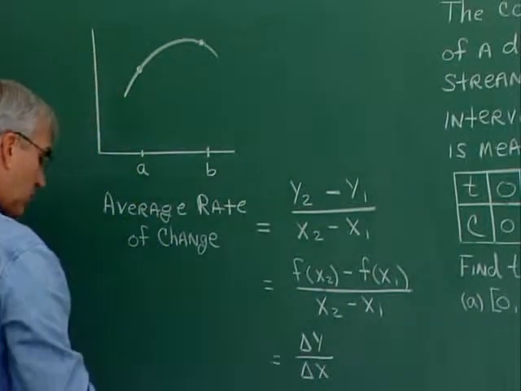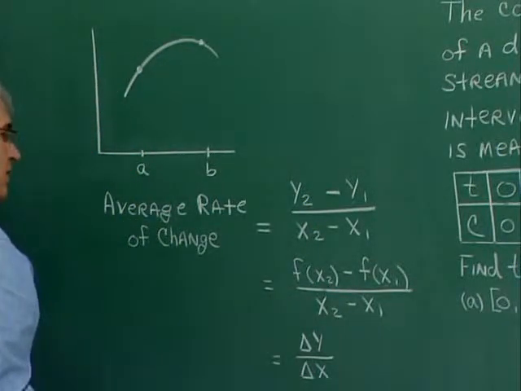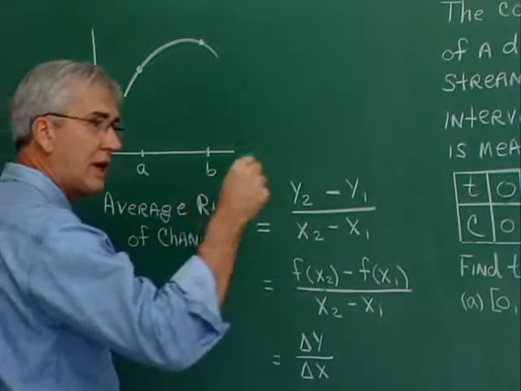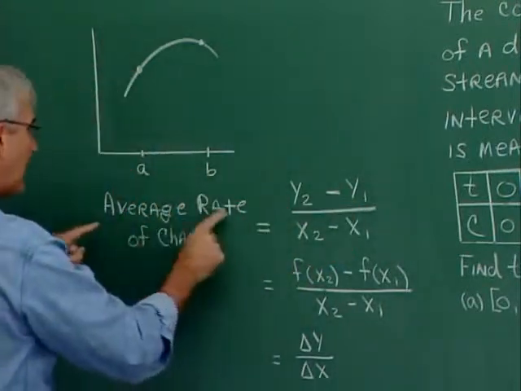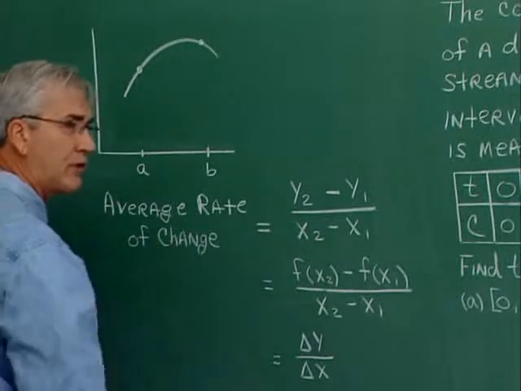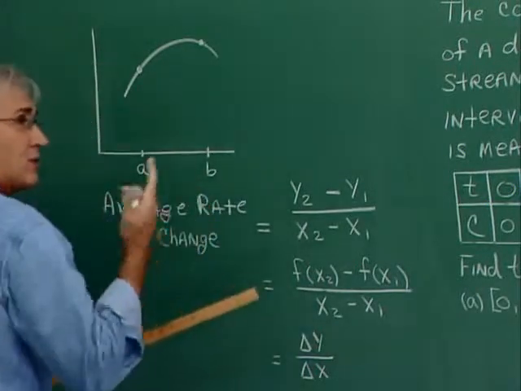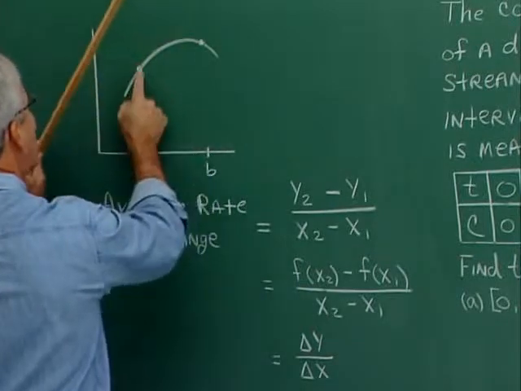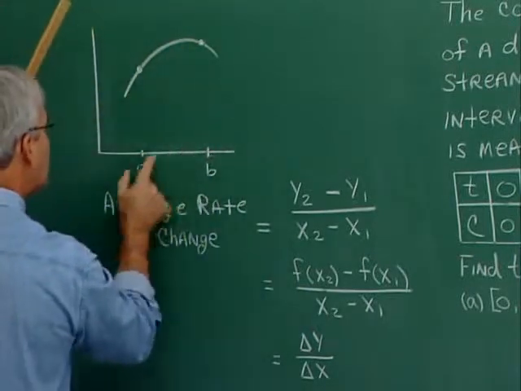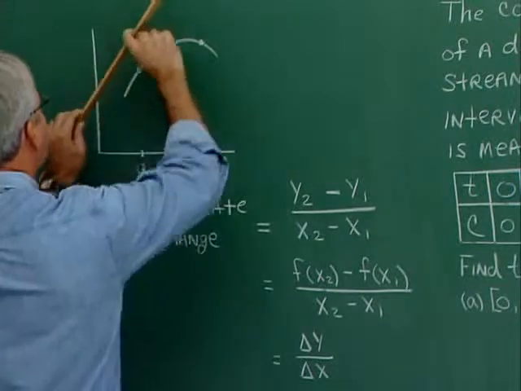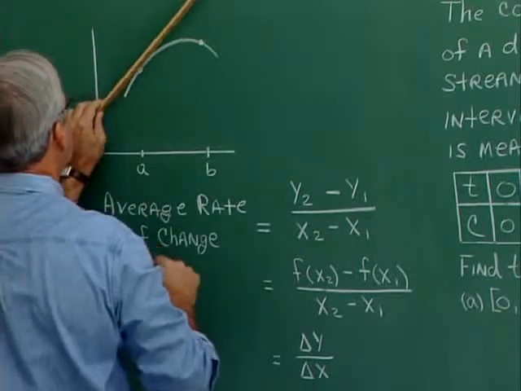Well, suppose, though, rather than a change at a point, we want the average rate of change over a particular interval. That is, we're thinking about, what's the average slope between these two points? In this interval, what's the average slope? Well, it's this slope, that slope, this slope.